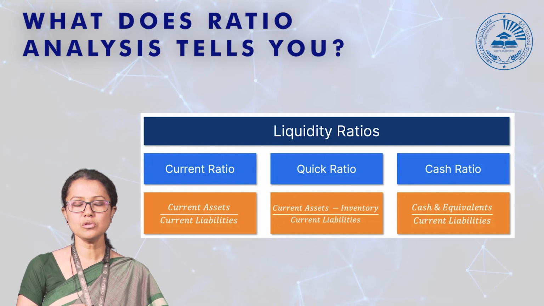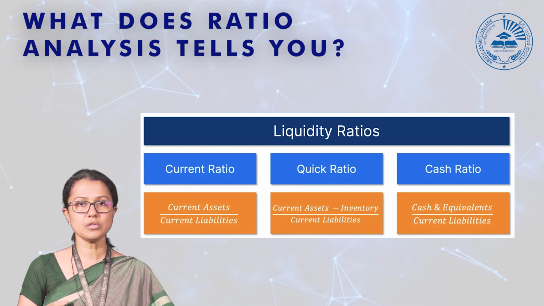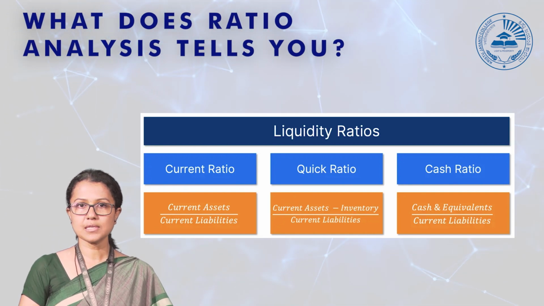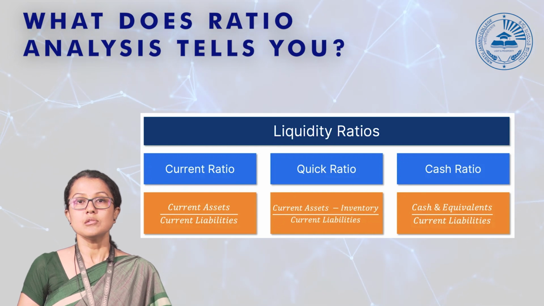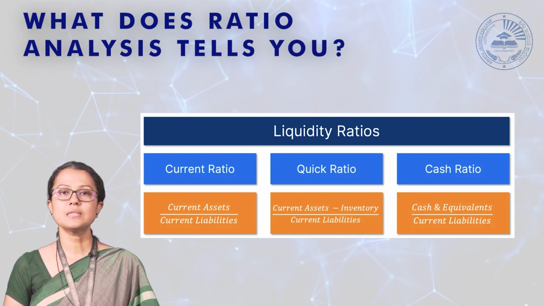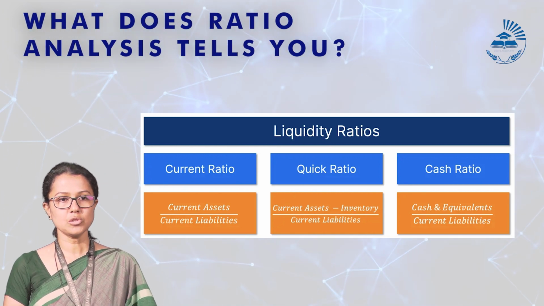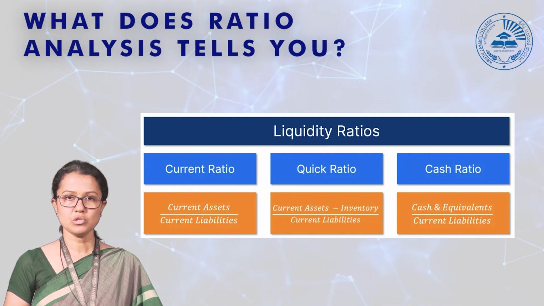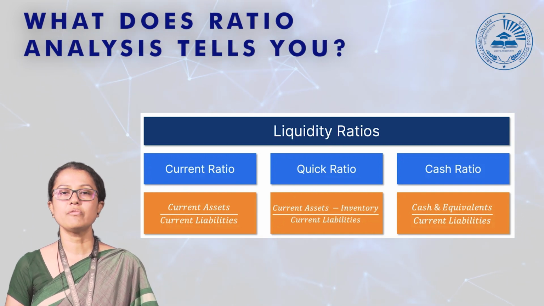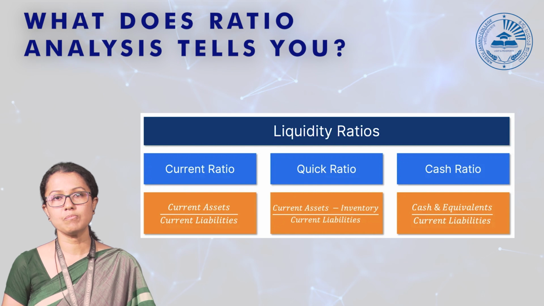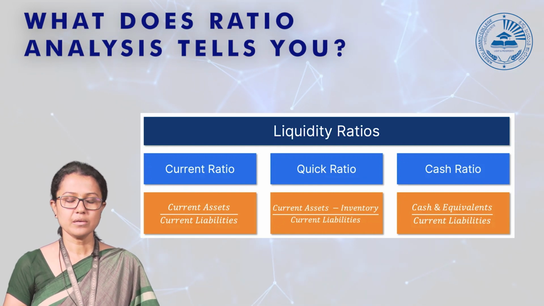When you look into the financial statements, we have different types of assets like fixed assets and current assets. Among these, current assets can be easily converted into cash. So the liquidity position, or the convertibility position, of a company can be easily identified by applying liquidity ratios.